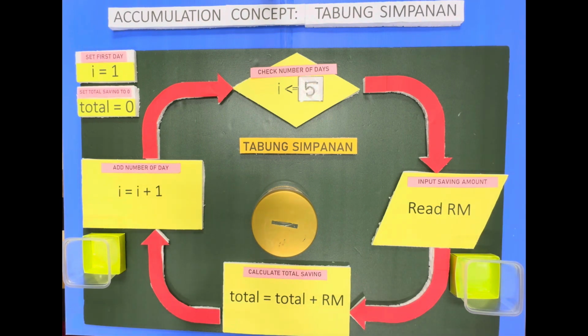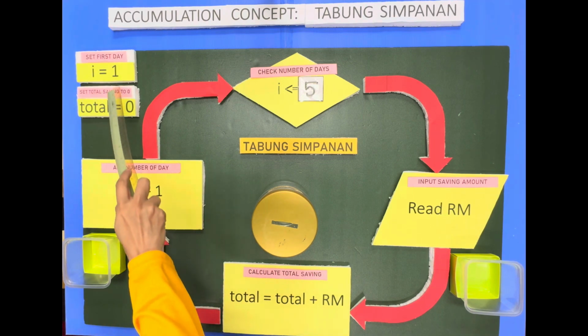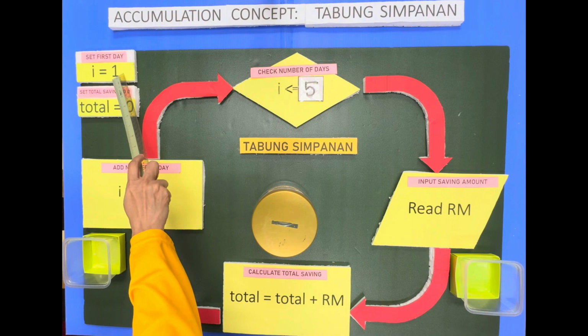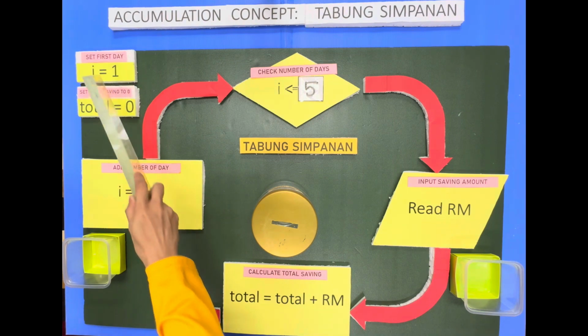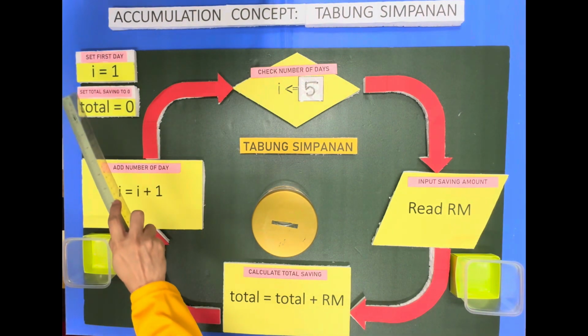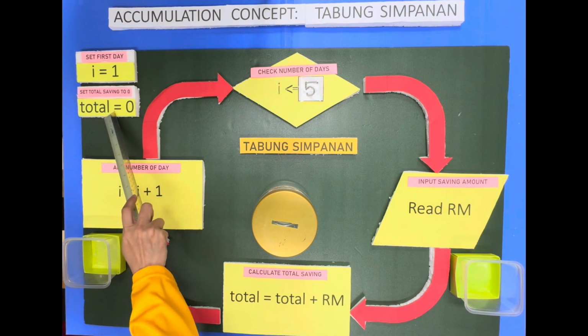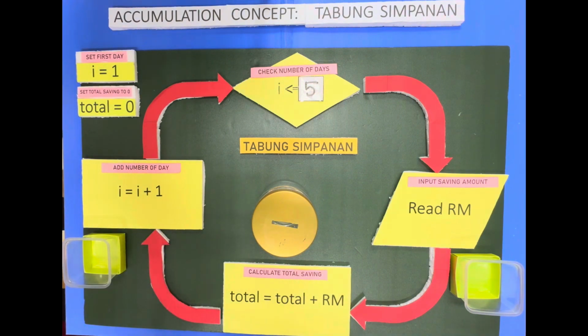There are three variables in this simulation. I represents the day for the counter. The second variable is total. And the third variable is RM, to represent the amount of money to save.